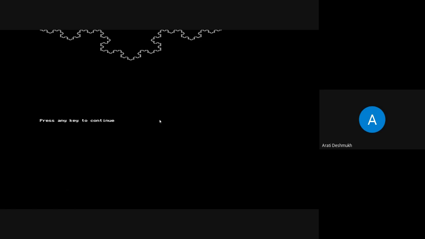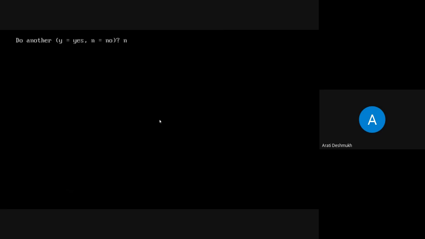There are a number of levels. If there is level 0, there is only a single line. If we enter level 1, that line is divided into 3 equal parts, and the middle part becomes an equilateral triangle. So it will go up to level 5. So this is the Koch curve.